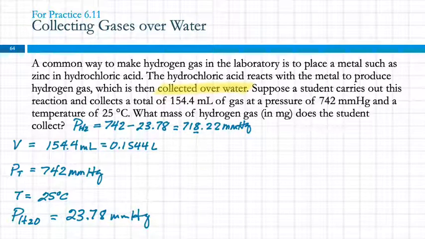And 25 degrees Celsius is 298 Kelvin. So the moles of hydrogen is the pressure of the hydrogen. Nope, didn't fix that one yet. So millimeters I need to convert to atmospheres.